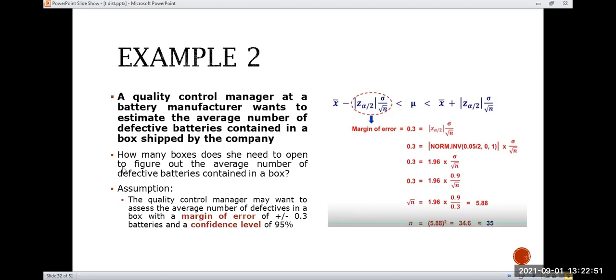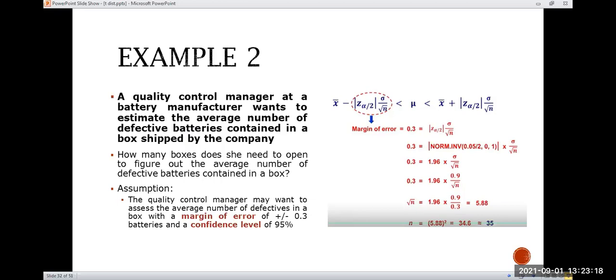So we're just going to make a small assumption because the margin of error is not given to us. We are assuming that the error that we can make, that is the margin of error, will be plus or minus 0.3%. And by default, we know that a confidence level of 95% is considered if nothing is given in the question.